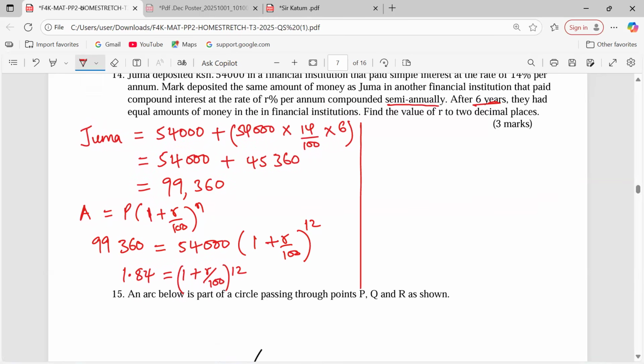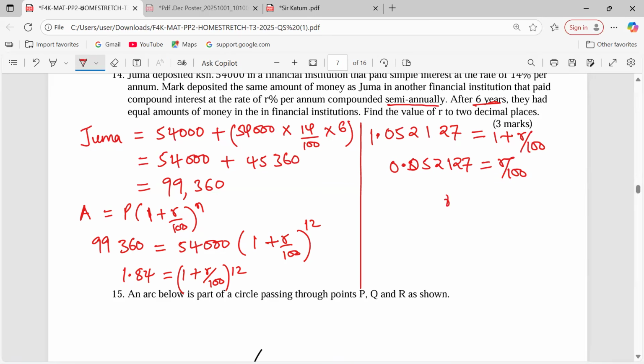We continue solving for the value of R. We obtain the 12th root. So 12 shift power of this answer. I'm getting 1.052127 equals 1 plus R over 100. So subtract 1 from both sides, and we shall have 0.052127 equals R over 100.